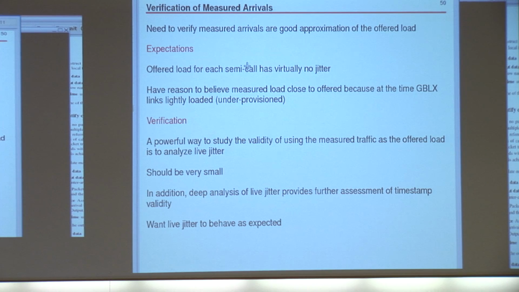It's extremely accurate. It has virtually no jitter. We also have an expectation that the measured arrival times will only have a small amount of jitter because at that time when we collected, the Global Crossing network was very lightly loaded. We knew that.